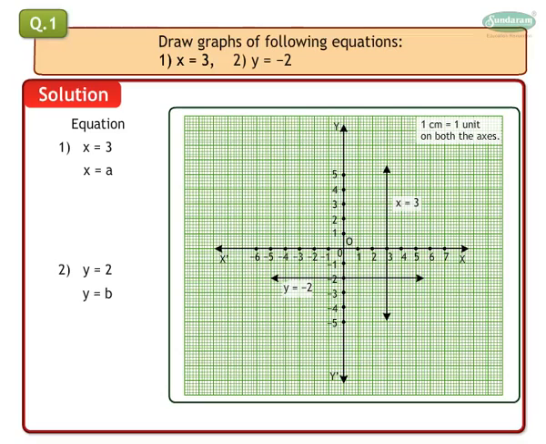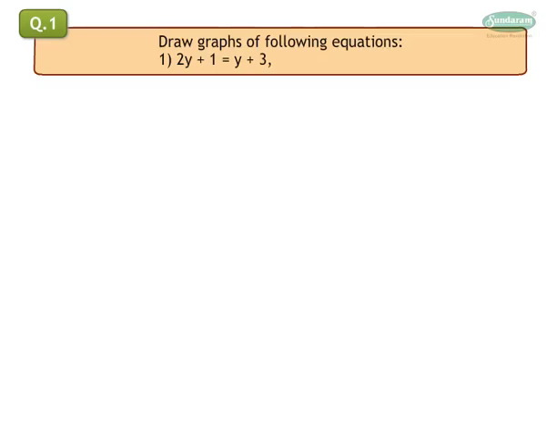Now students, we shall draw a graph for the following equations. 1. 2y plus 1 is equal to y plus 3. 2. 3x plus 4 is equal to 2 into bracket x plus 5.